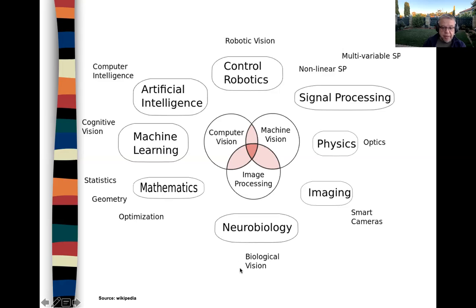So if you understand how the biological vision system works, you can emulate it, you can transfer this knowledge to computer vision. It will require machine learning, of course, computer intelligence, robotic wisdom, control robotics, signal processing, because you need to process these images, and physics, optics, and so on.